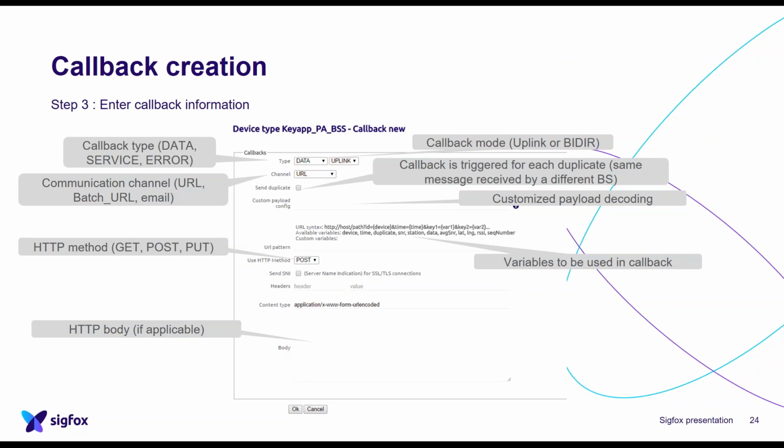Only unclick it if you have some issue with TLS, but usually it's better with it. And you can configure some custom headers and values if you want, for example, to have a specific API key or something like that sent with the callback.